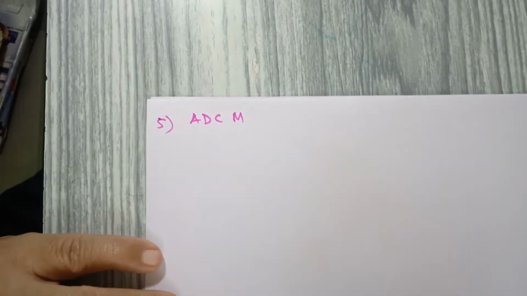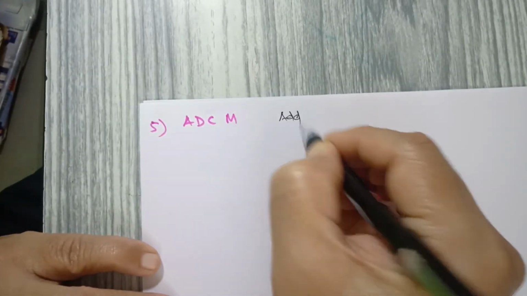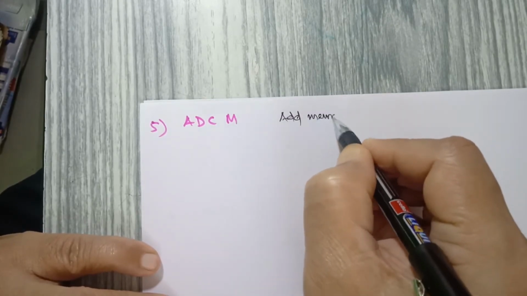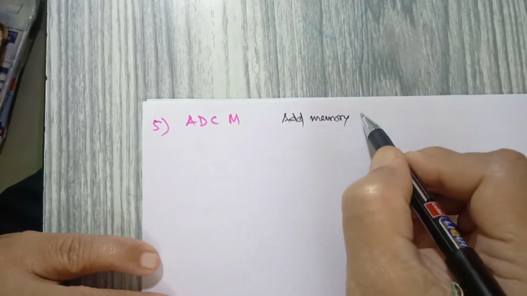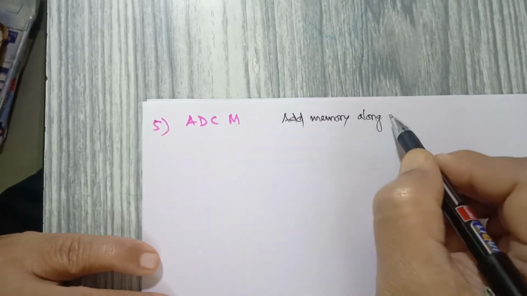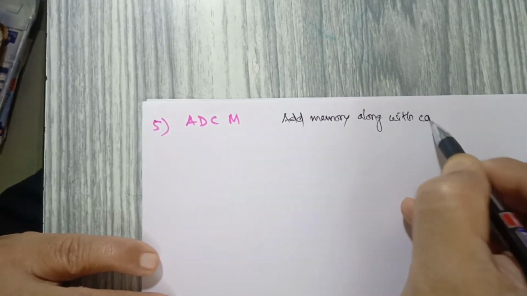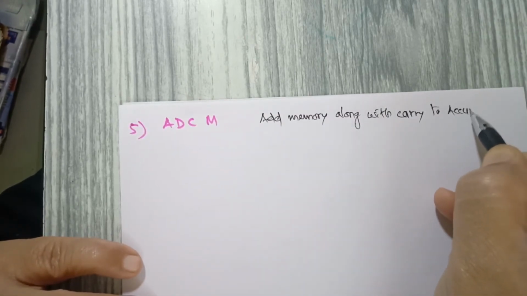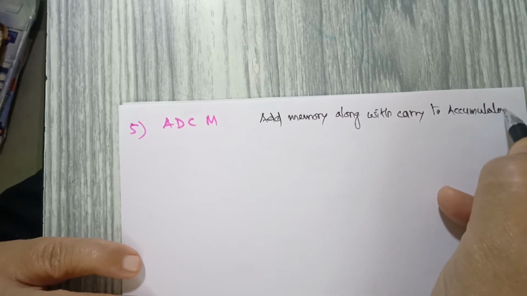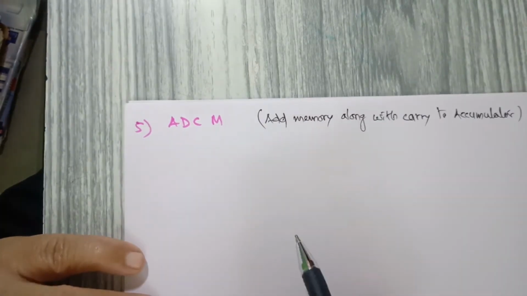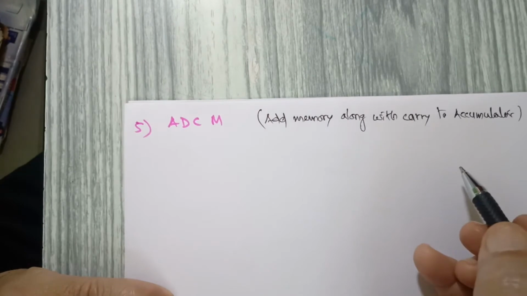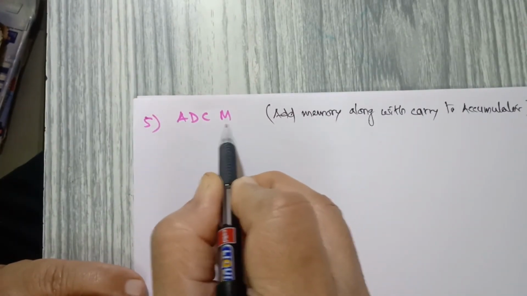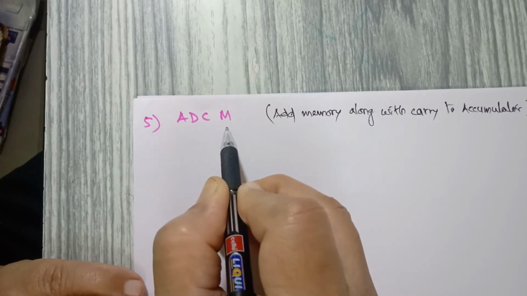Its description will be: add memory along with carry to accumulator. This is how you can read it, and in its symbolic description you can understand that ADC means add with carry. What is to be added? Memory, and whenever memory is meant, it is always pointed to by the HL pair.